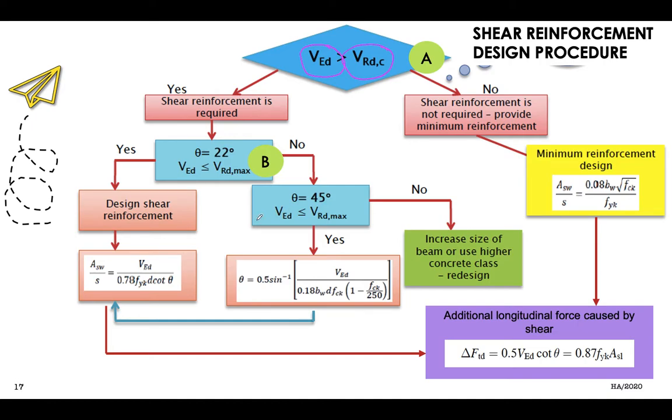Then you make a comparison between these two values, VED and VRDC. If VED is larger than VRDC, we follow the left flow. However, if VED is less than or equal to VRDC, we consider the second flow.